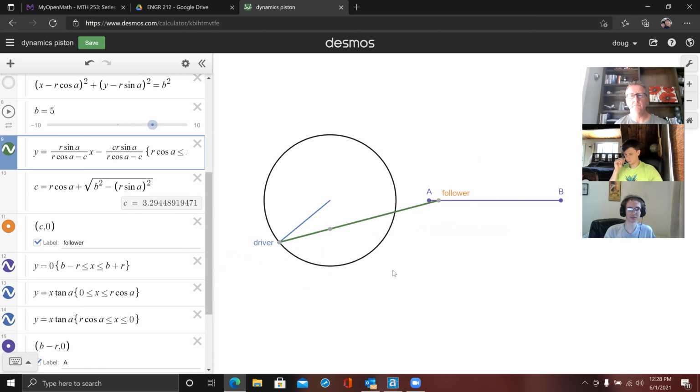Okay, and the other question: we found this velocity of C in the x direction, and if you look at the velocity of B in the x direction, they should be a little bit similar, because it seems like velocity of C in the x direction is a little bit too small, no?